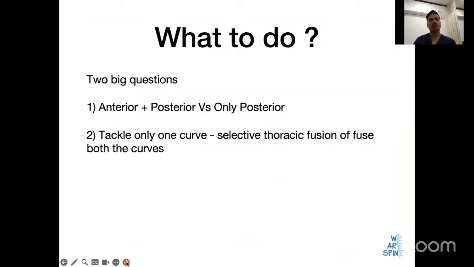These were the two big questions in front of us: whether to go anterior or anterior plus posterior, or only posterior, and whether to do only selective fusion to save levels and achieve the balance, or to address both the curves. The child was a gymnast.